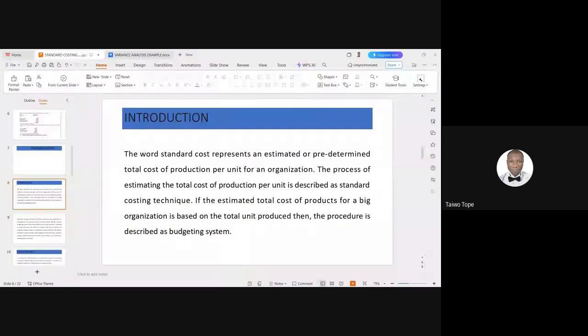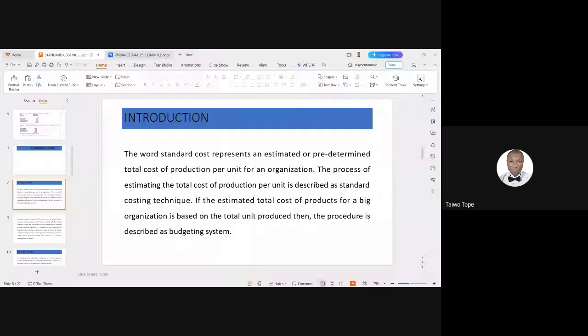So this standard costing is a control technique where costs are set for materials, for labor, for overhead. And when these costs are set as standard, once the actual performance is carried out, the actual cost is compared with the standard. And when you compare this standard with your actual, you identify variance.